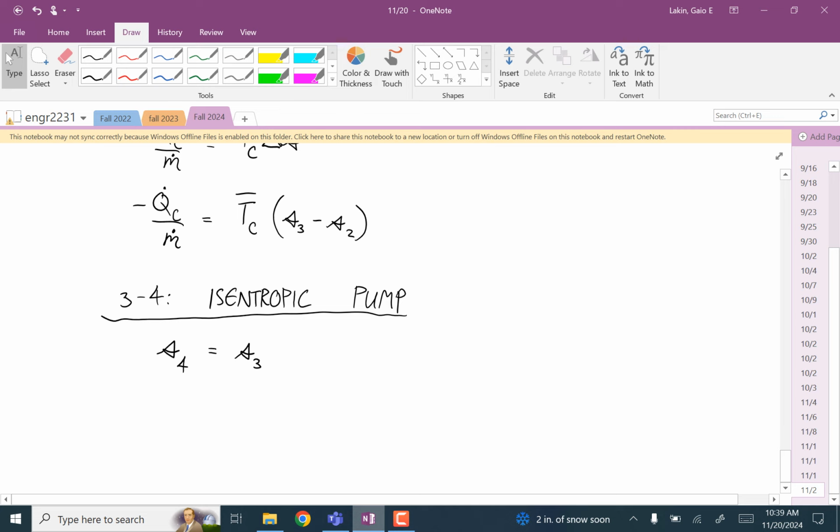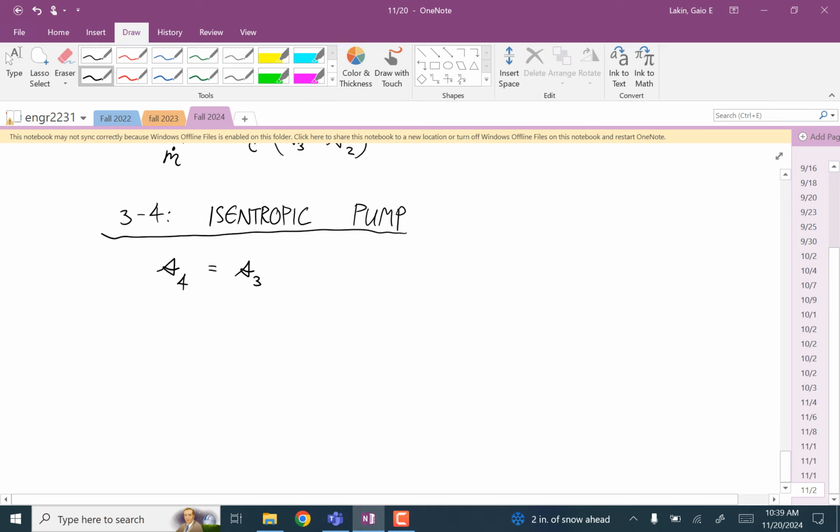Okay, and so then the last one from 4 to 1. That's an isobaric boiler. So again, this is heat transfer. So we'll start with the boxed equation.